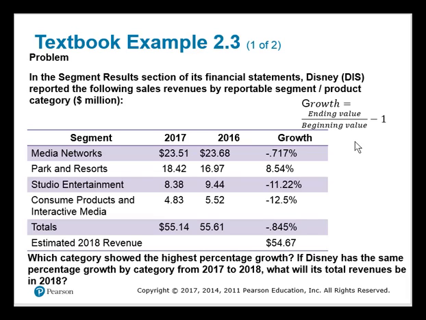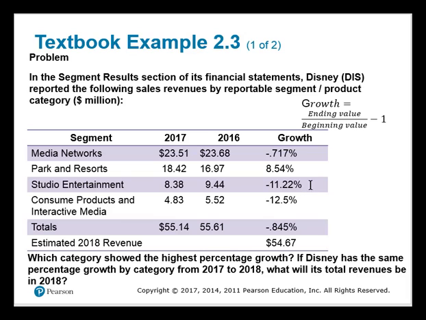To calculate growth, you take the ending value, divide by the beginning value, and then subtract 1. That gives you the decimal form, obviously multiplied by 100. In this case, media networks lost 0.717% in revenue. Parks and resorts were up by 8.54%.